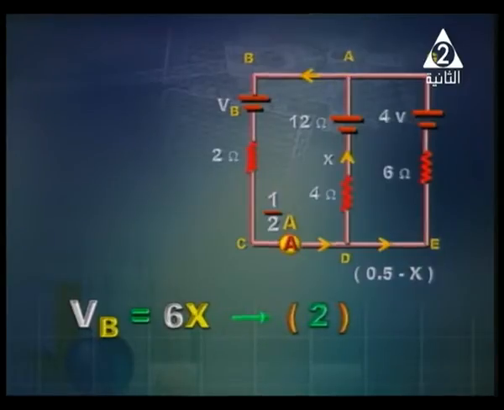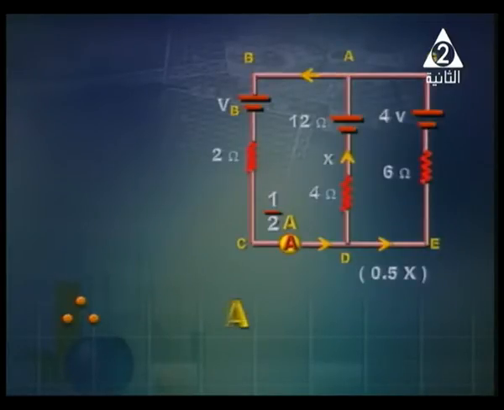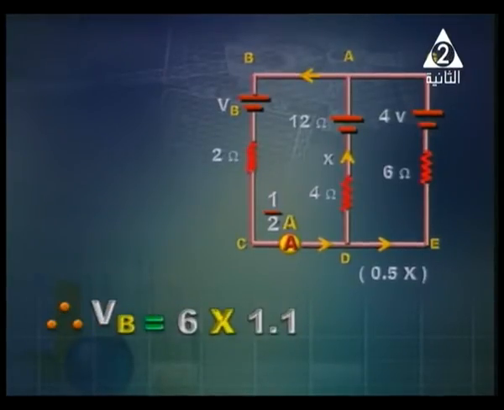So V battery is equal to 6x. This is the second equation. Substituting for the value of VB in terms of x, we obtain x equal to 1.1 ampere. V battery is 6x, so 6 times 1.1 is 6.6 volt.